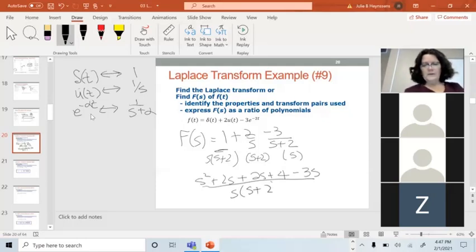Just put it over a common denominator, group like terms.